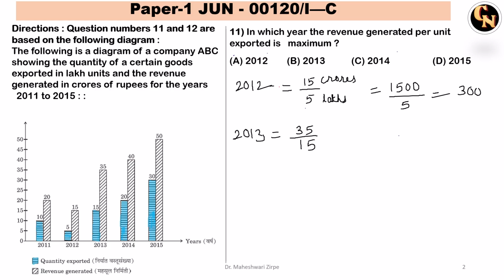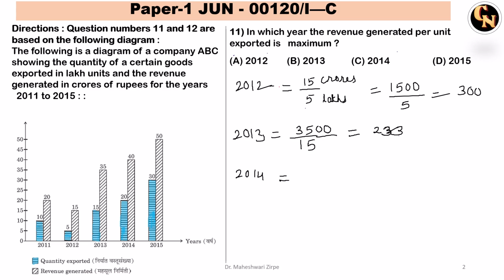So simply for crores and lakhs, I'll directly write down the zeros. So it comes out to be approximately 233.